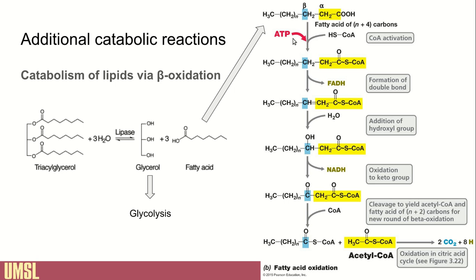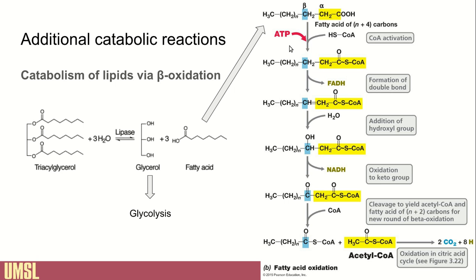So like many of the biochemical reactions that we've seen, especially glycolysis, there often is a preparatory reaction, that there has to be some initial energy investment to activate these substrates for subsequent oxidation. And this is no exception.